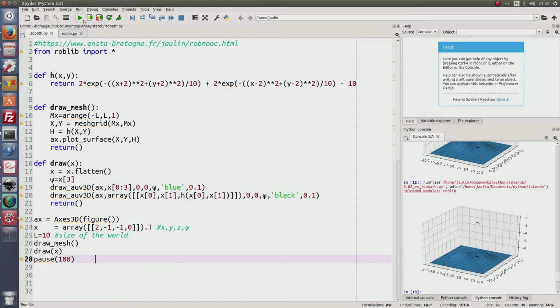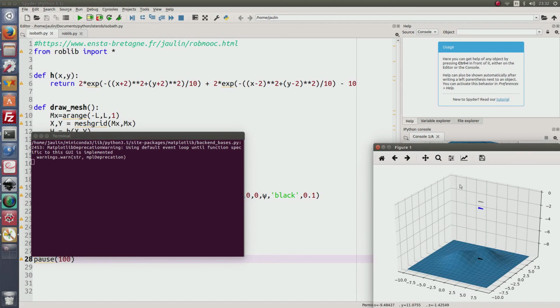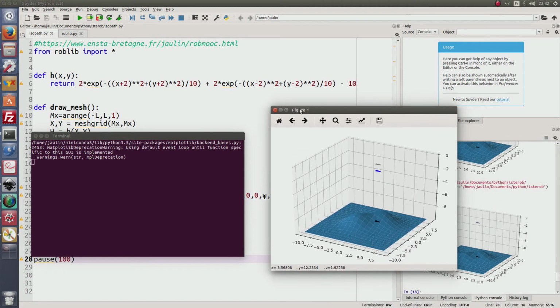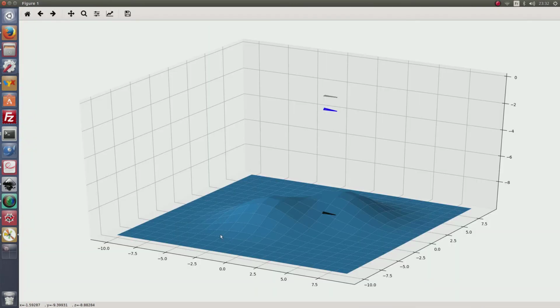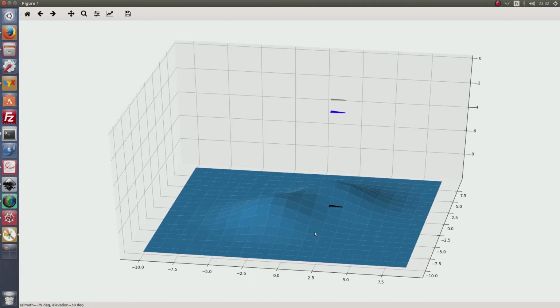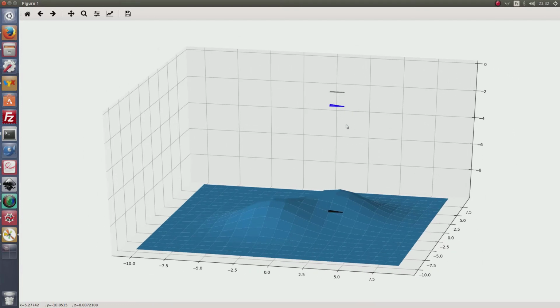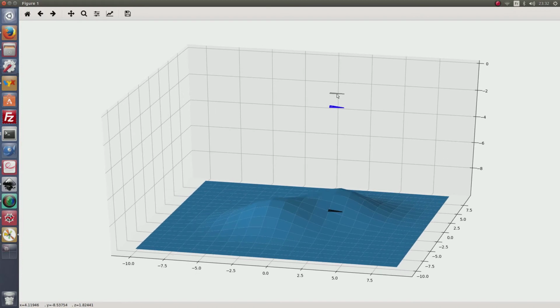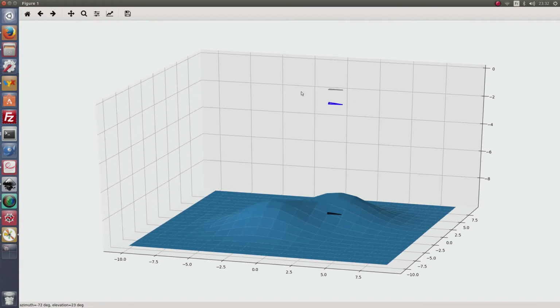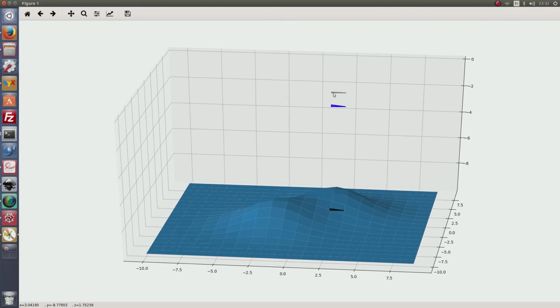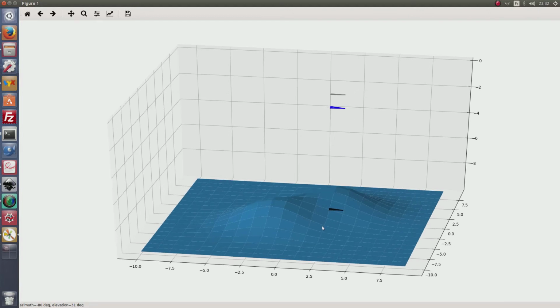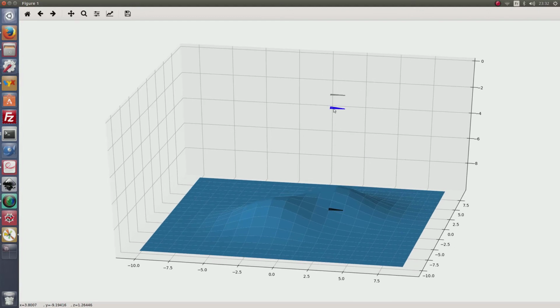I will start with this simple Python program. In this program, I show the sea bottom represented here. I can see the robot in blue. I have here the shadow at the surface of the water in gray, and in black it is the shadow of the robot, the AUV, at the seafloor.